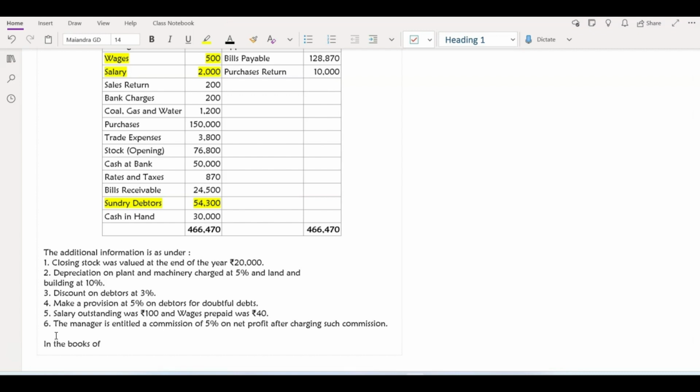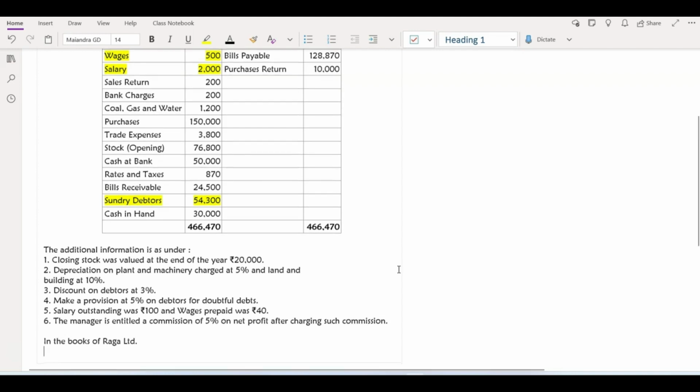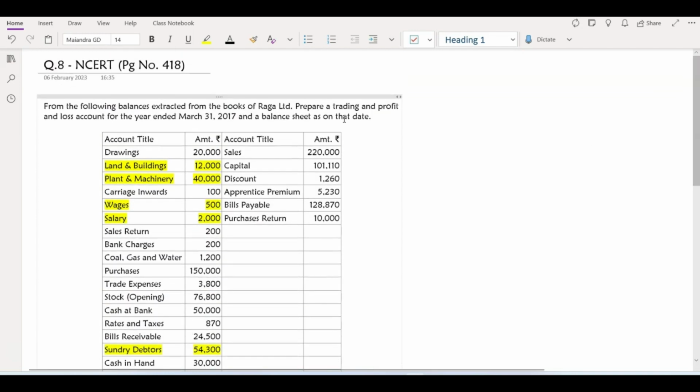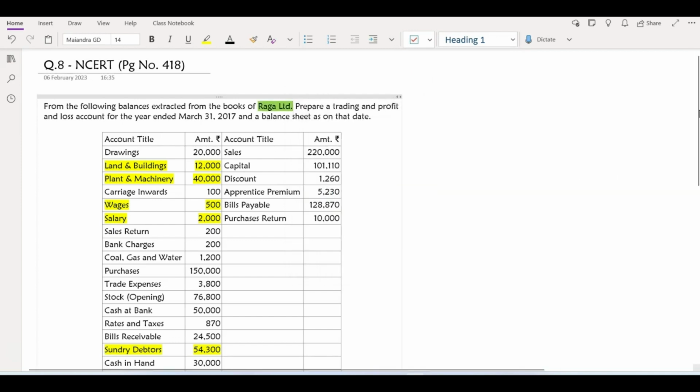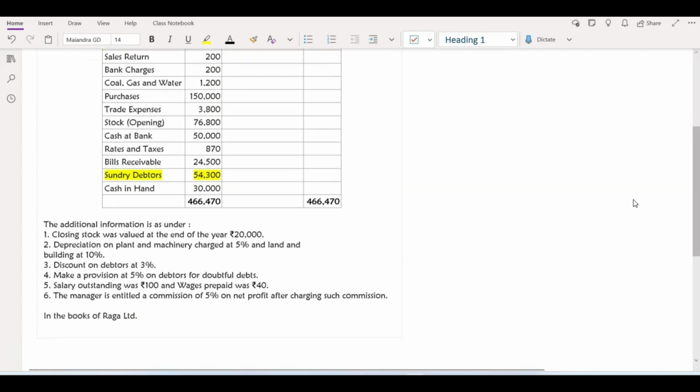In the books of Raga Limited. If you are wondering how I got this name, it is given on our first line. I'm going to highlight this one also so that you know. It is quite important to know in which books of account we are preparing this. You can also take the example that in every exam you're supposed to write your roll number, and not just on your main answer sheet.